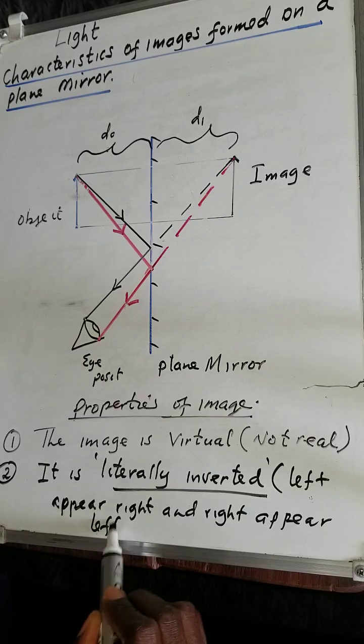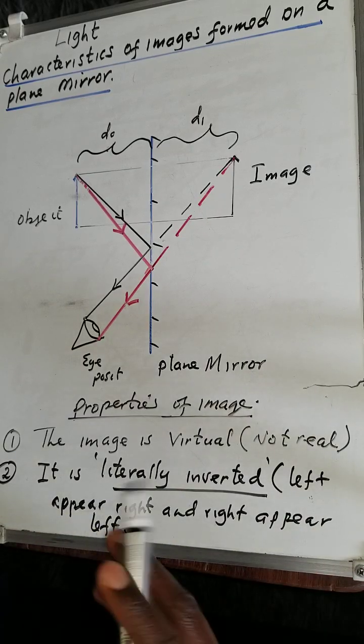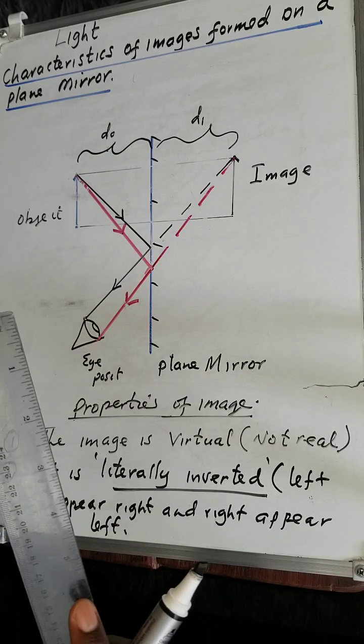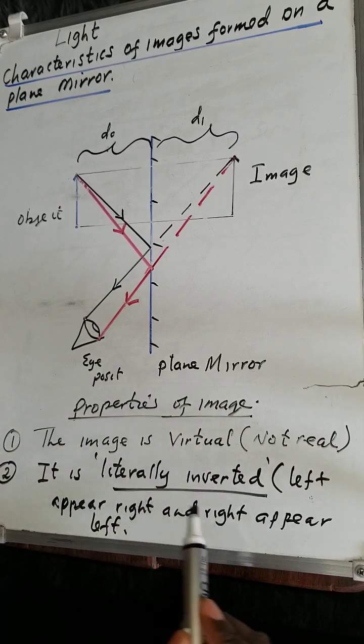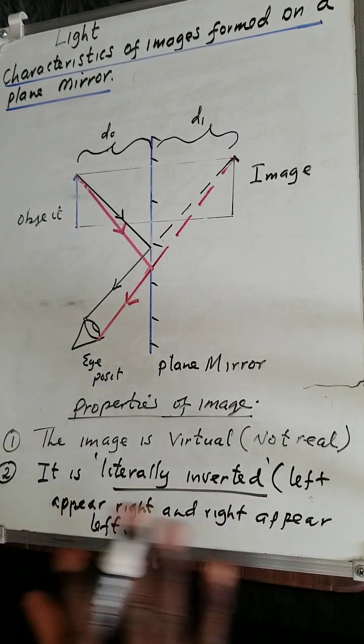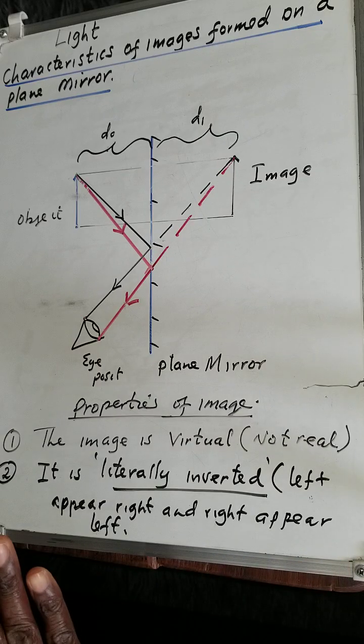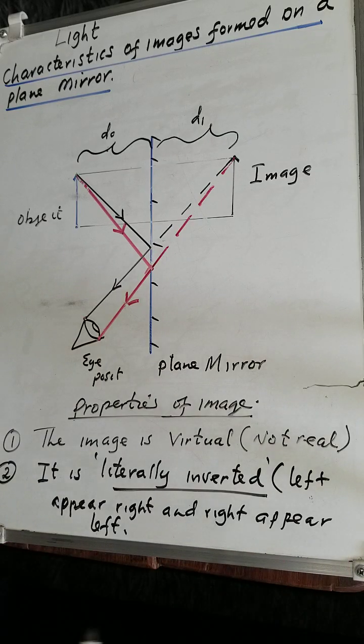If you go to your mirror and lift up your left hand, it will appear as if you have lifted your right hand. If you lift your right hand, it will appear as if you have lifted your left hand. So we use the word laterally inverted. In other words, it's reversed in terms of left and right. That is what you need to remember.